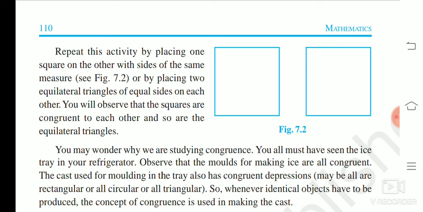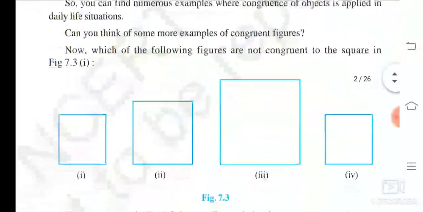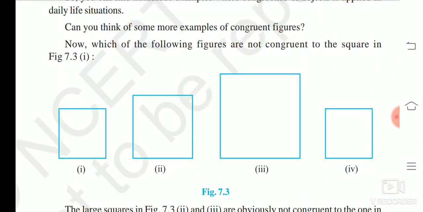All are equal, which means we can superimpose one on the other. The two squares are the same size, so we can call them congruent. Read this in the same manner.